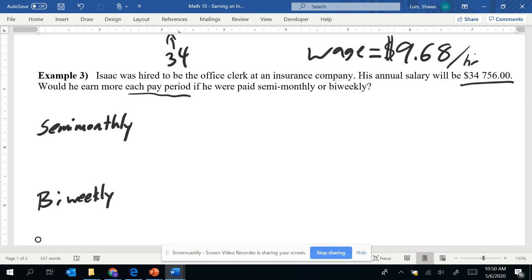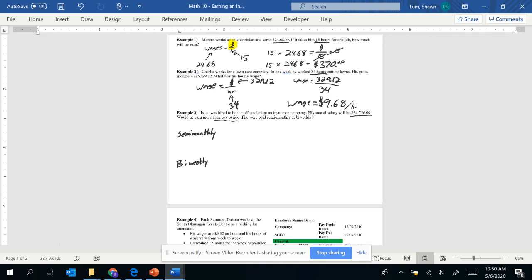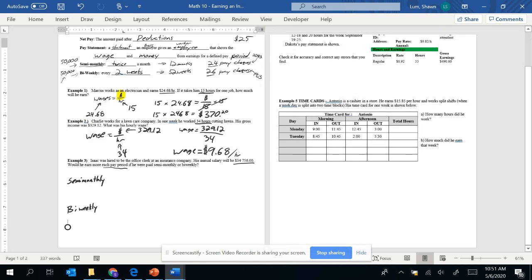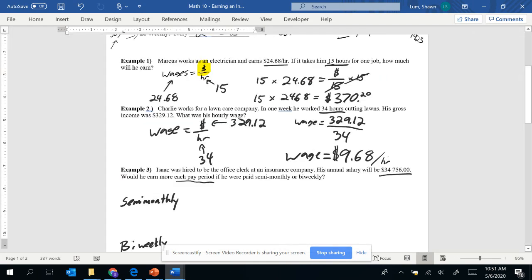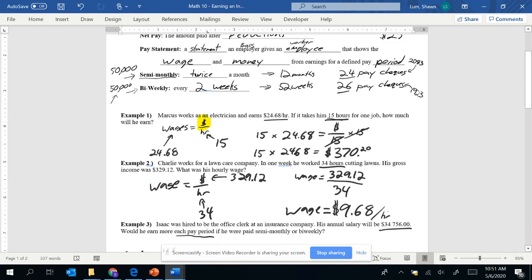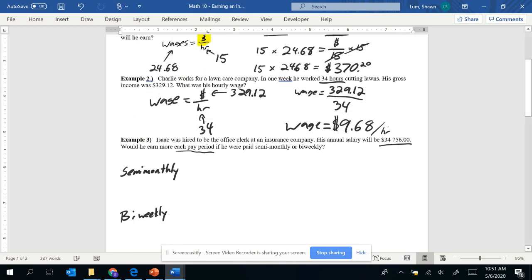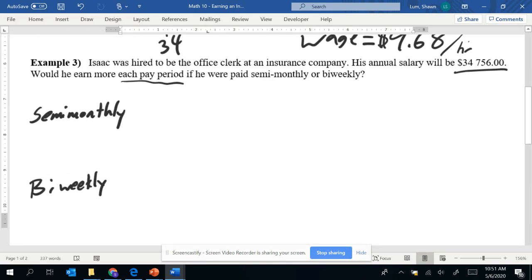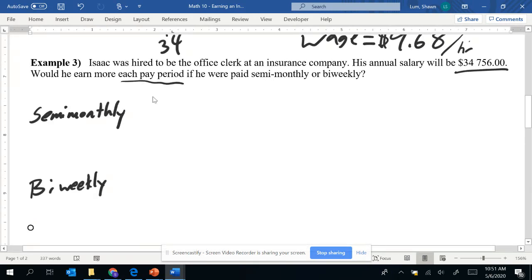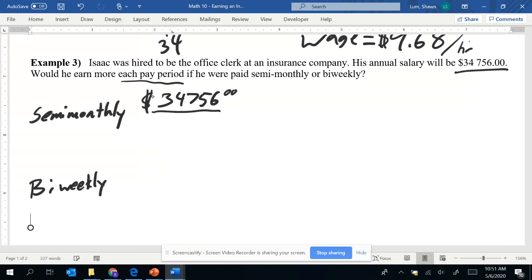Now, we talked about up here that semi-monthly is 12 months and 52 weeks, or in other words, 24 paychecks versus 26 paychecks. So here, semi-monthly is going to be 34,756, and that gets divided over 24 paychecks.